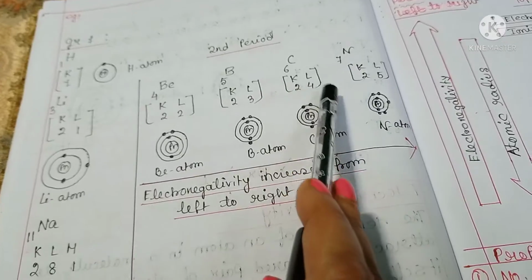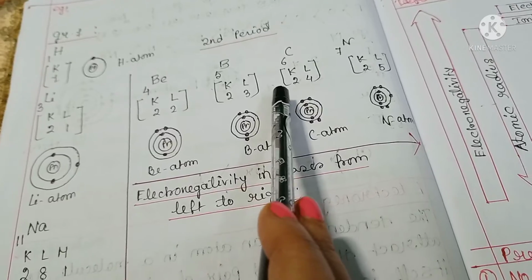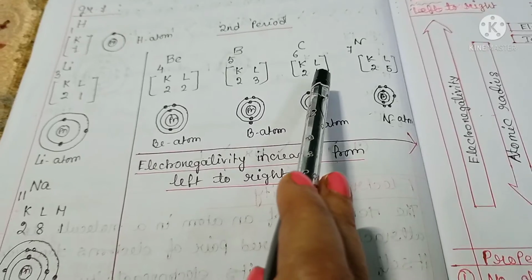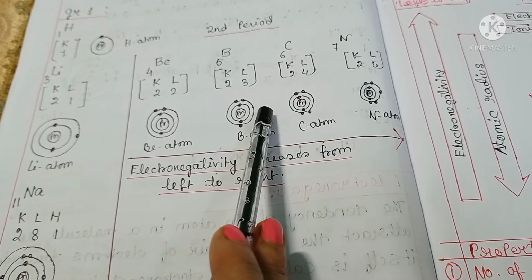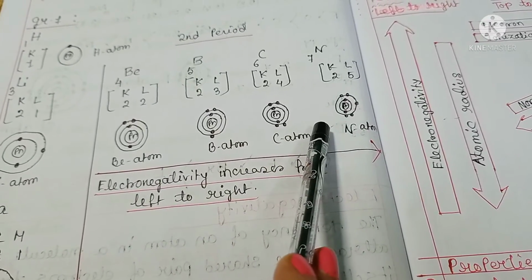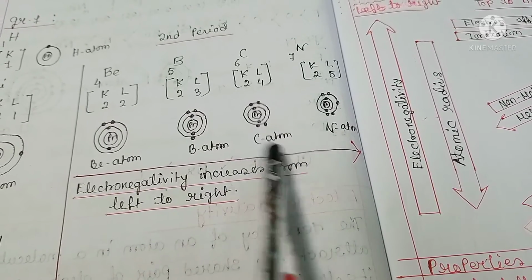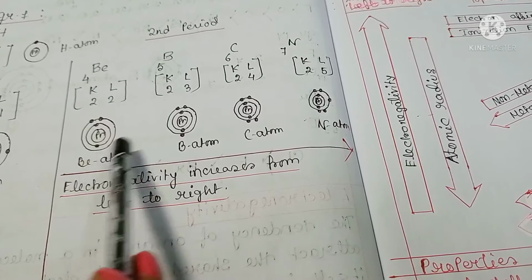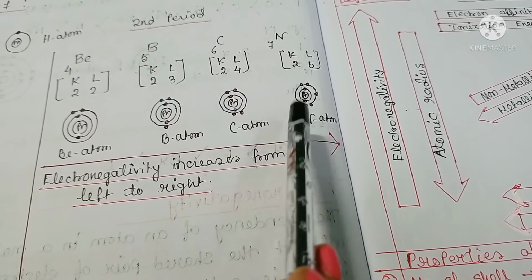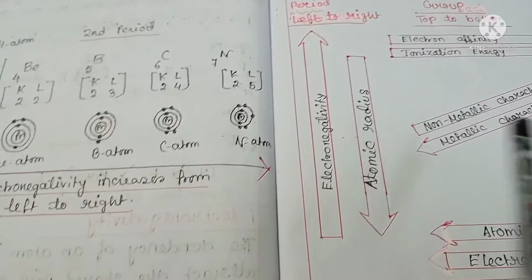But as the proton number also increases, the nuclear charge, which depends on the number of protons, also increases. So electrons are strongly attracted by the nucleus and an inward pull is experienced. For this reason, across a period, from left to right, when atomic number increases, size decreases and nuclear charge increases, and electronegativity also increases.